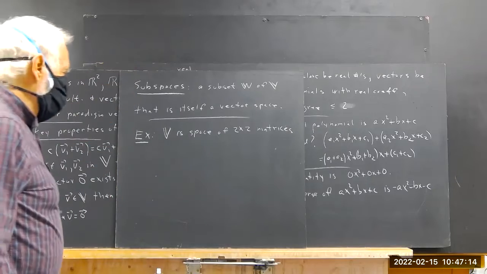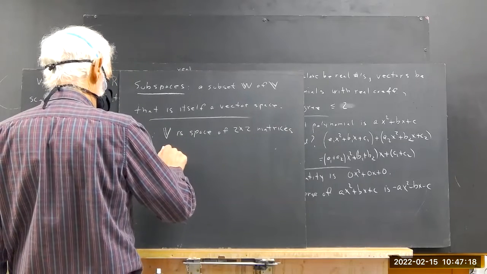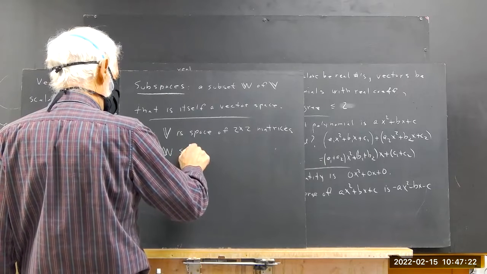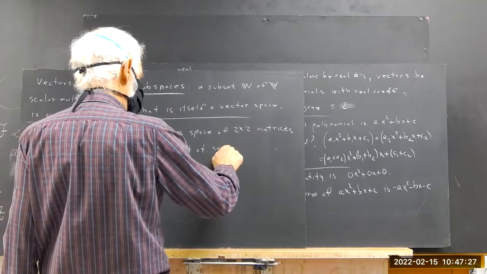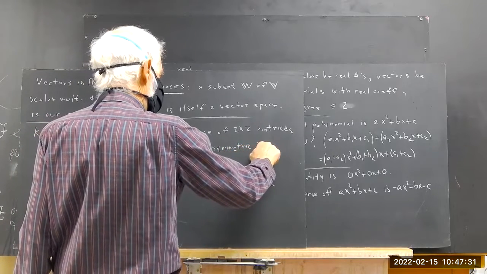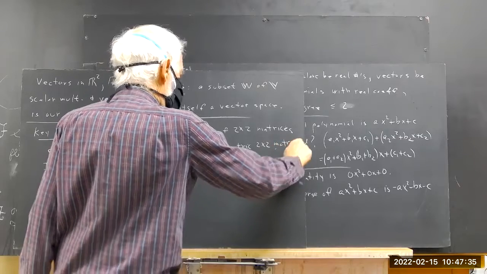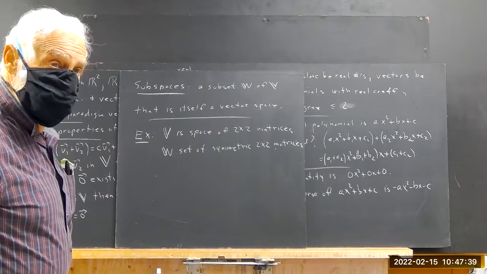Let V be the space of 2 by 2 matrices. Let W be the set of symmetric 2 by 2 matrices.